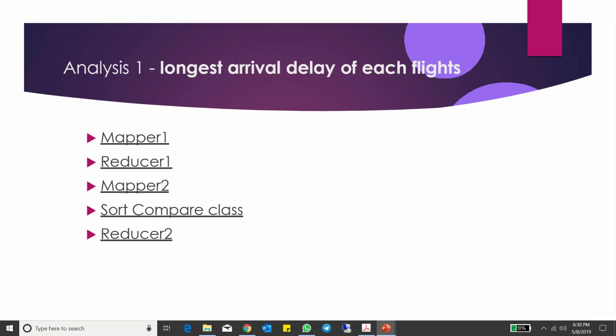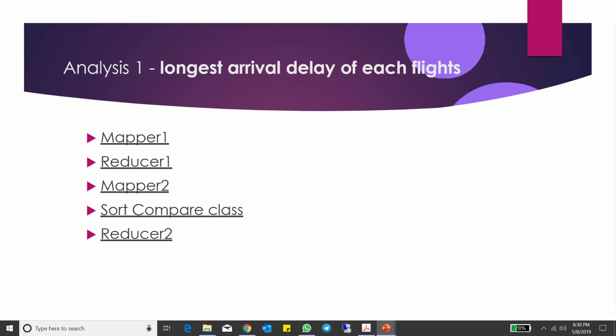Reducer 1 gets only the flight's most delayed arrival delay value by comparing all the values of the key. Then it writes to a temporary file which is input to mapper 2. Mapper 2 performs the reading of the temporary file and generates a key value pair using arrival delay and flight number respectively from the temporary file.